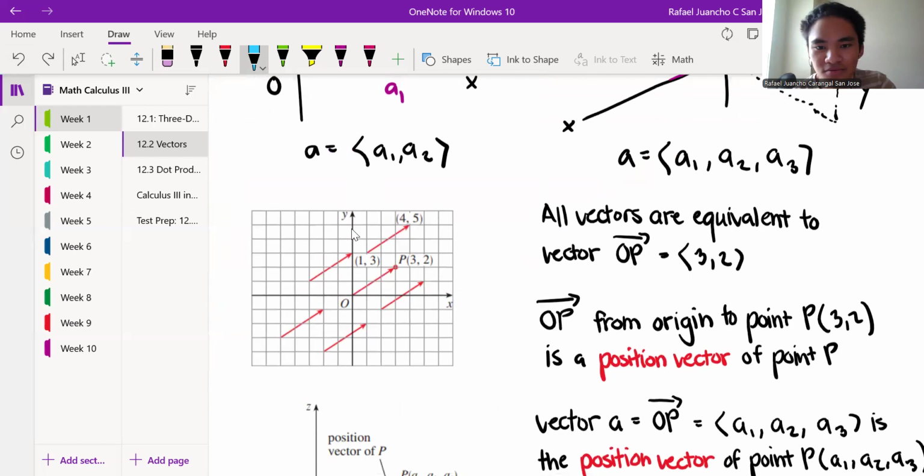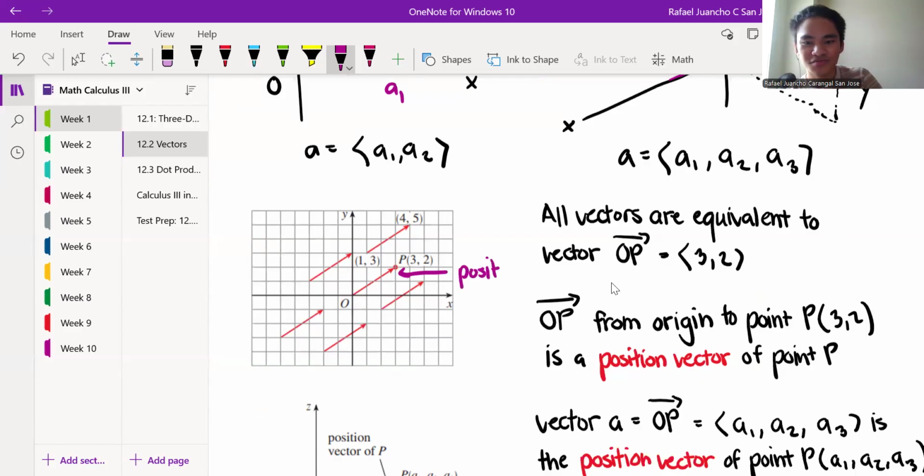And here we say that in 2D, all vectors are equivalent to OP. So this is O, this is P. The vector OP has the point 3, 2. And then here it says OP, from origin to point P, 3, 2, is a position vector of P. So this is the position vector.